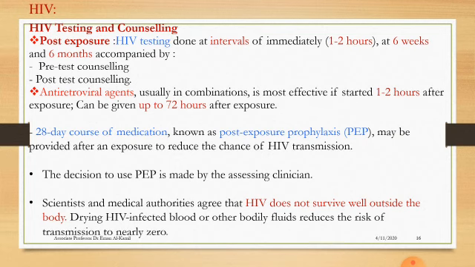As we mentioned previously, the HIV virus does not survive well outside the body. So drying of HIV infected blood or other materials which carry the risk of transmission makes the risk nearly zero.